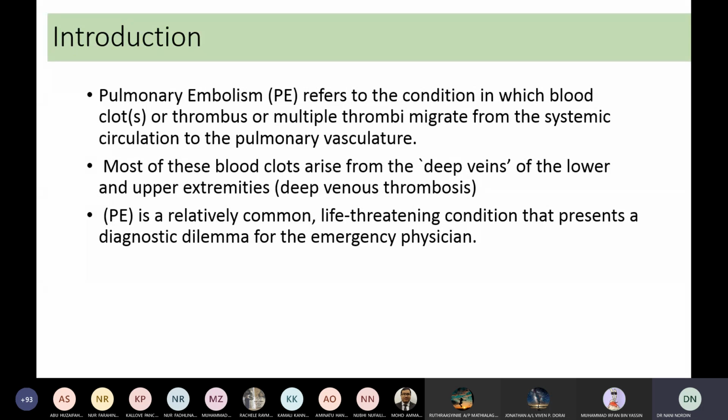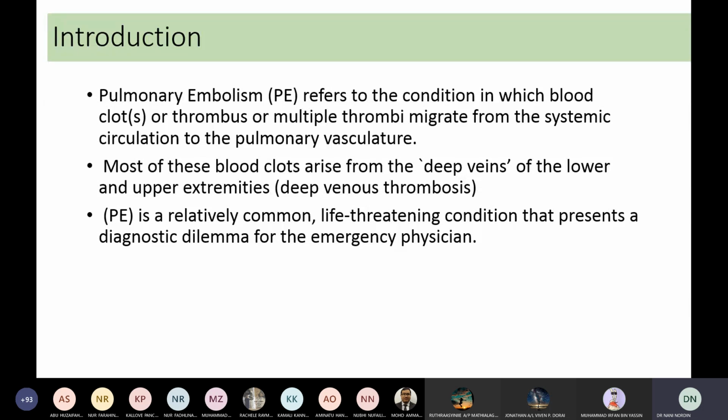They might be asymptomatic, or have very minimal symptoms. They can come with just tachycardia, for example. So you really have to dig whether this patient has a high risk of pulmonary embolism or not. Then only that will lead you to specific investigation, and then you can treat accordingly. Otherwise, it can be easily missed, especially in emergency departments.